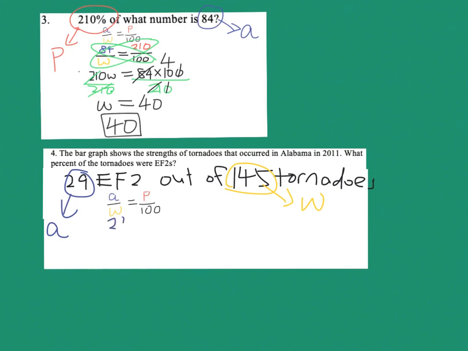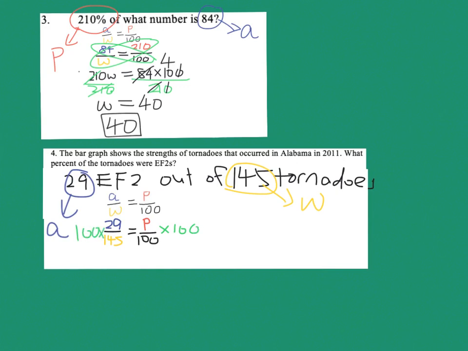So 29 over 145 is equal to P divided by 100. To solve for P, we will apply the multiplication property of equality by multiplying both sides by 100.